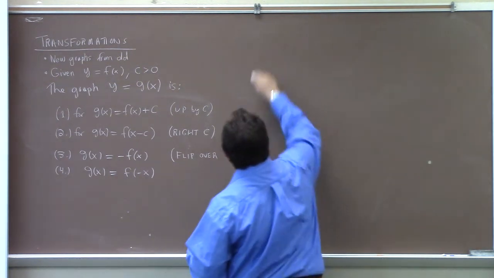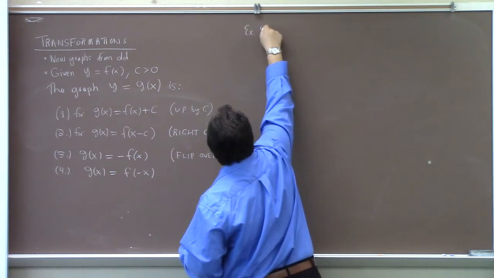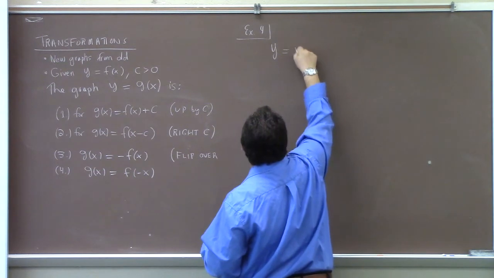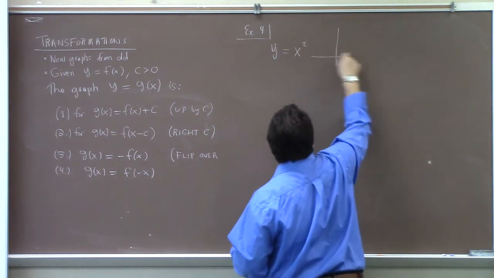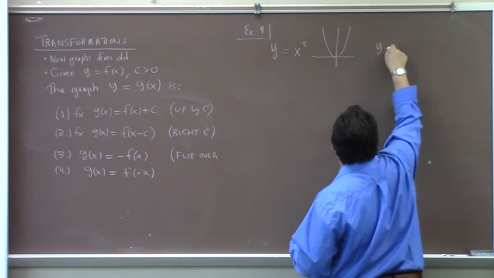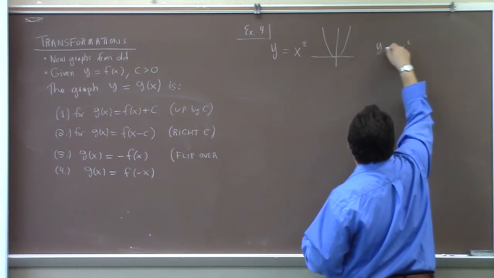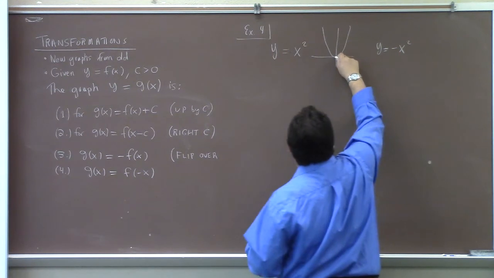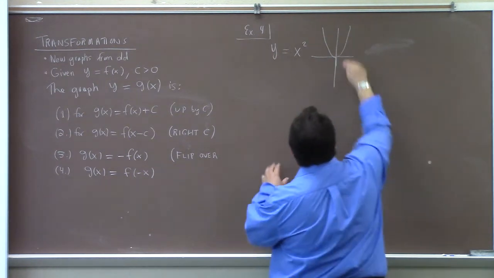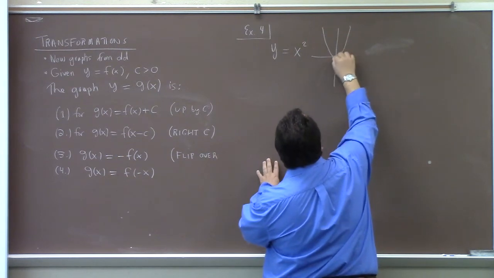So if we go from y equals x squared, which looks like this, and if we look at y equals minus x squared, what's that look like? Let me draw it on the same axis, actually. It's upside down, right?